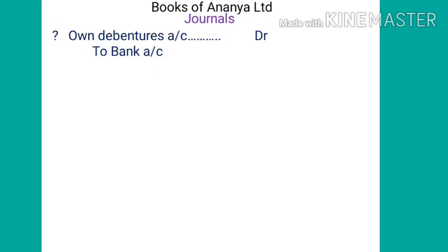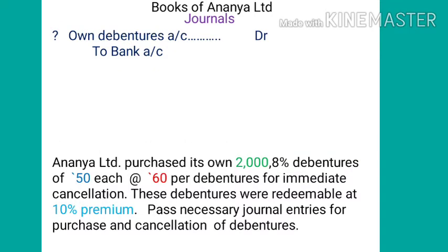Books of Ananya Limited, journals, and again the first entry in the same way, own debentures account debit to bank account. Now here we need to take the purchase price. So we can see here the purchase price is ₹60. So you have 2000 number of debentures into 60 gives you 1,20,000. So same amount even for own debentures account.